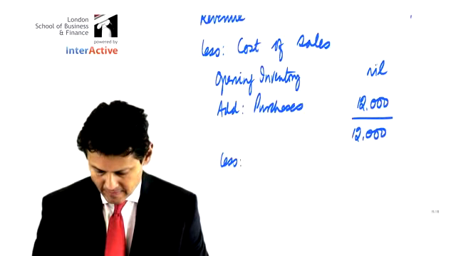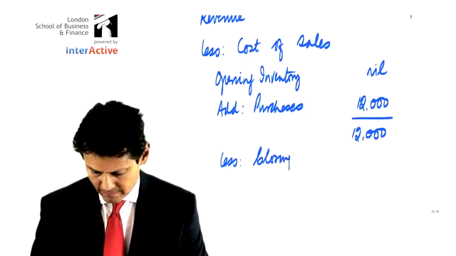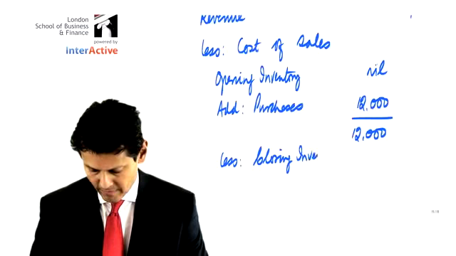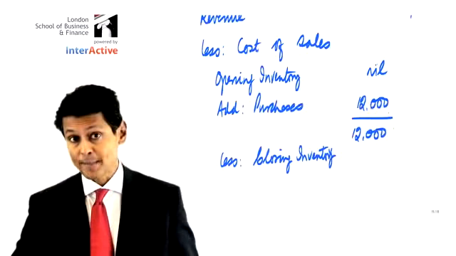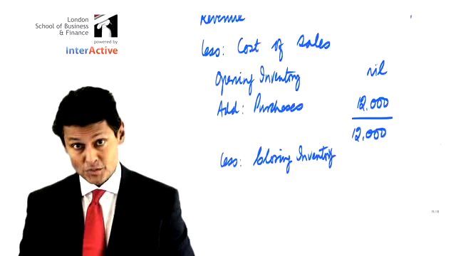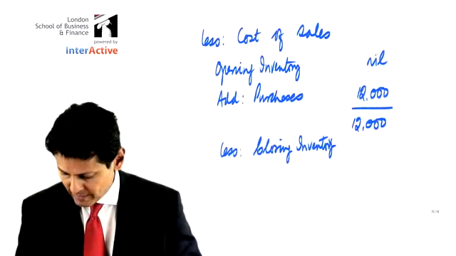less closing inventory. That part of our expenses called purchases this year that hasn't been used up. So in a sense, it's an asset, which is why it's in the statement of financial position as well.